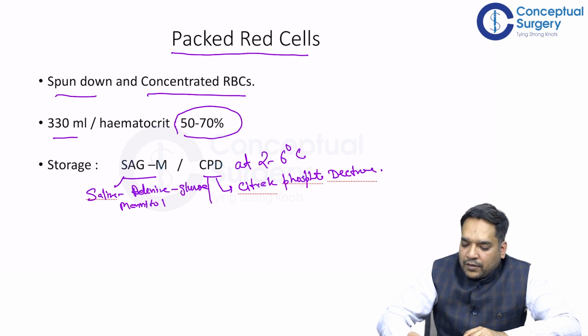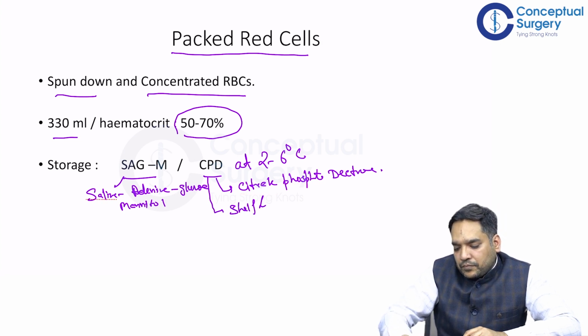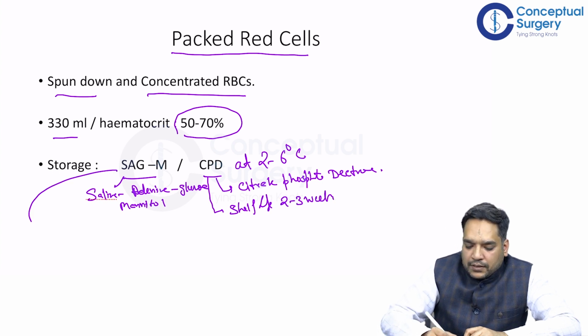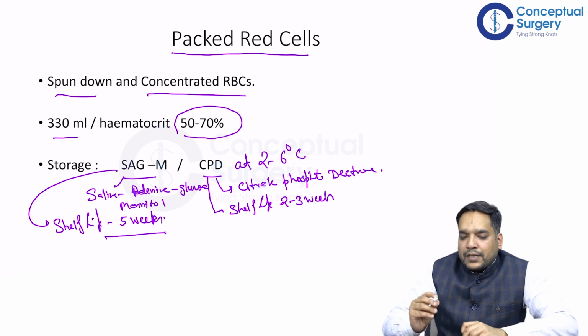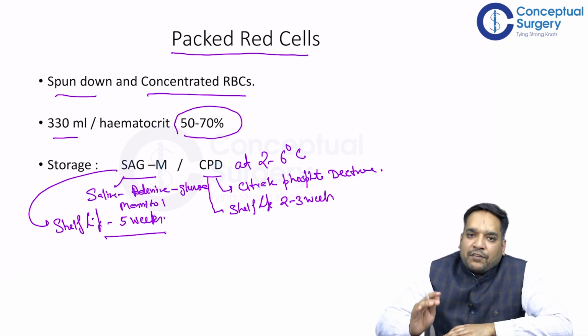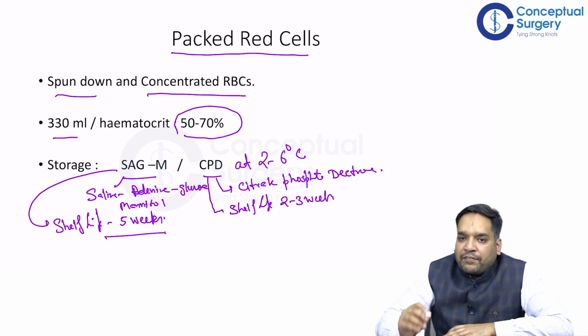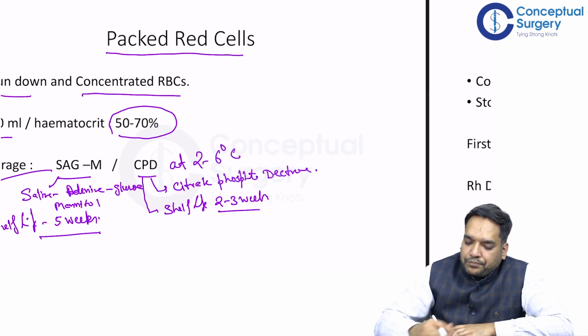The shelf life in CPD is 2 to 3 weeks, whereas the shelf life with SAGM is 5 weeks. This is very important. SAGM increases the shelf life of PRBCs, right? And in CPD, the shelf life is 2 to 3 weeks.